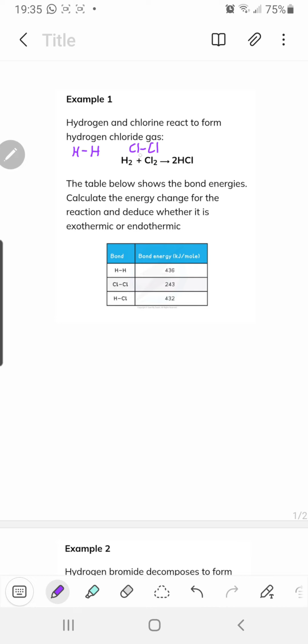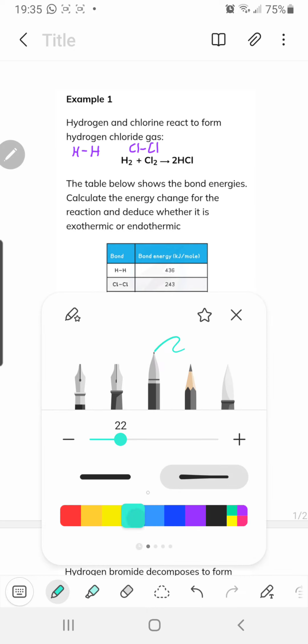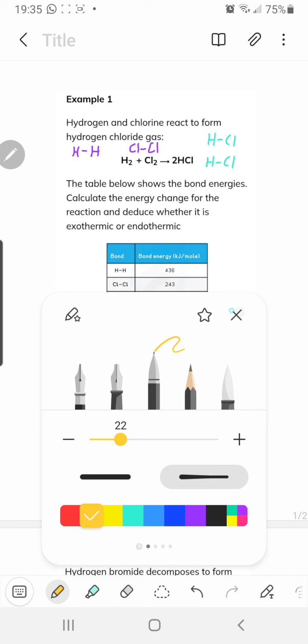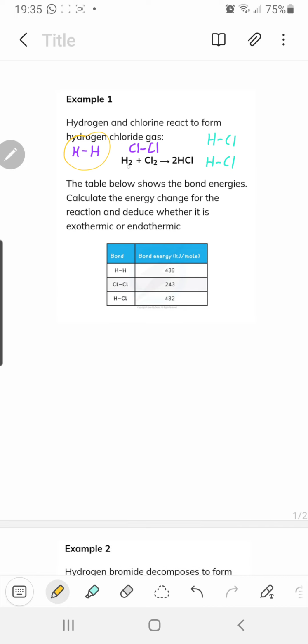So one chlorine molecule with two chlorine atoms. And here in our product side, we are making two HCl's. Okay, so we have one HCl and we have another HCl. Okay, so I hope that's all clear. So we have one hydrogen molecule, we have one chlorine molecule, and we have two hydrogen chloride molecules.